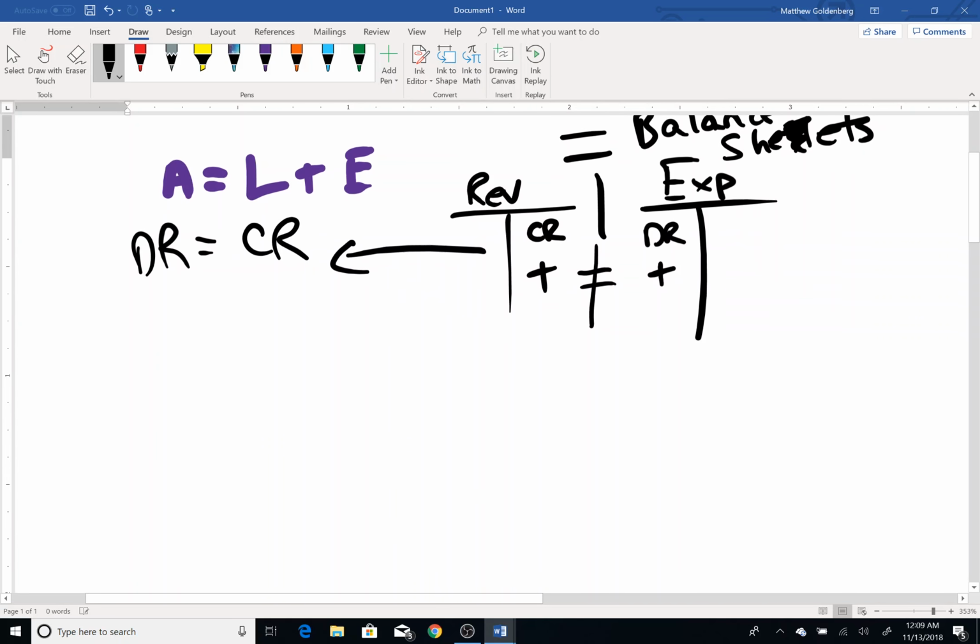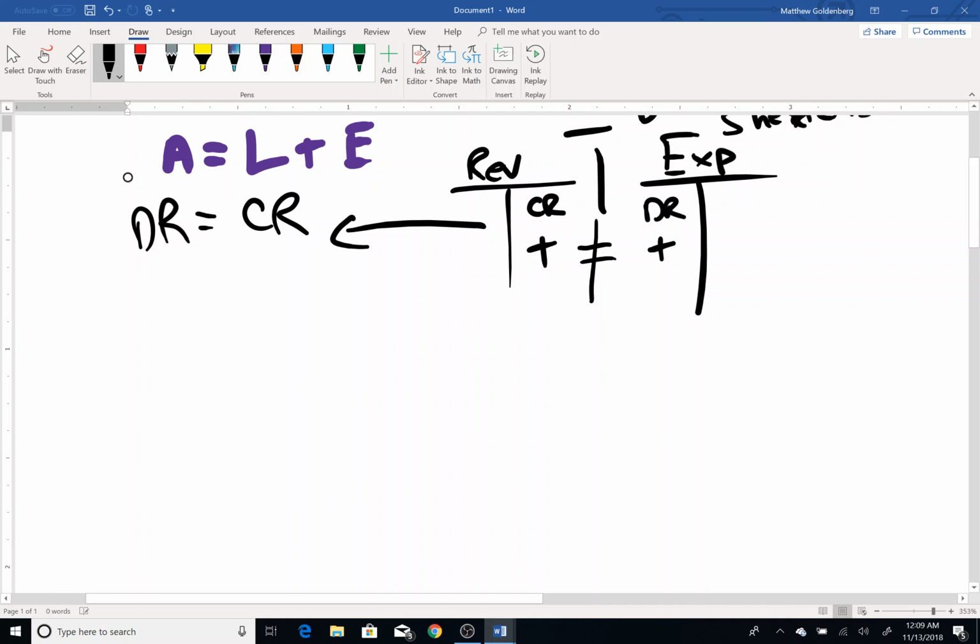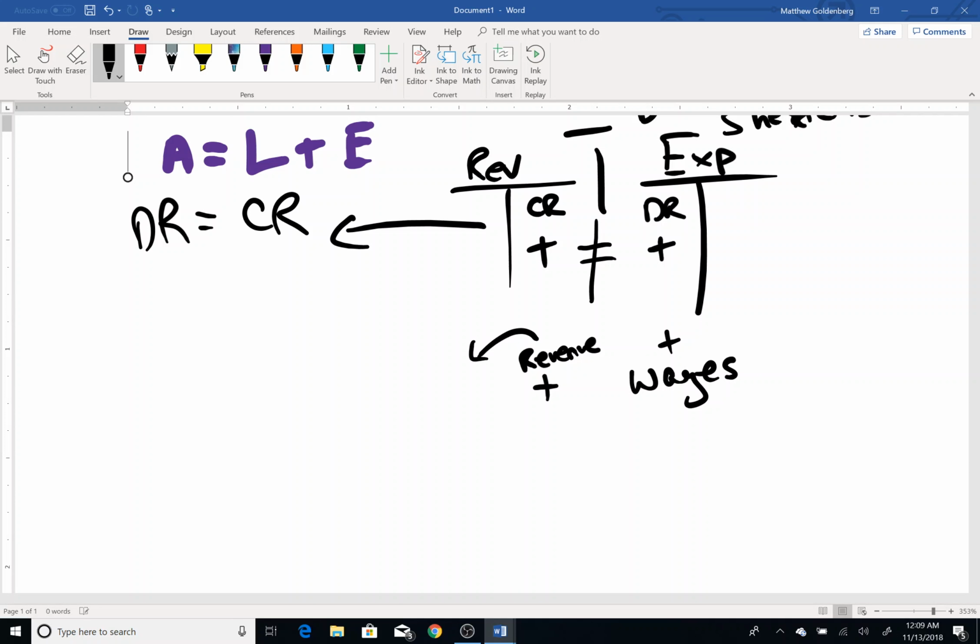And we'll talk about that as we do a problem because it's the easier way to talk about it. But for quickly right now, if you incur an expense for wages, you often have a revenue to pair it with, and that's part of a definition we'll define.